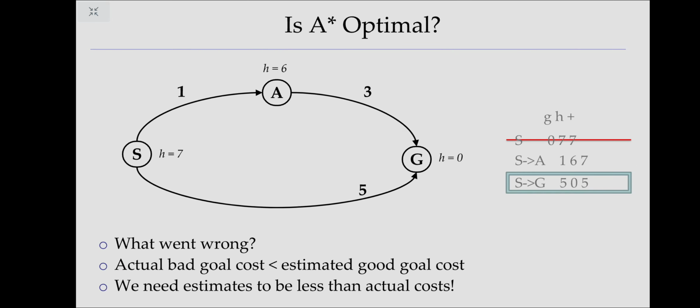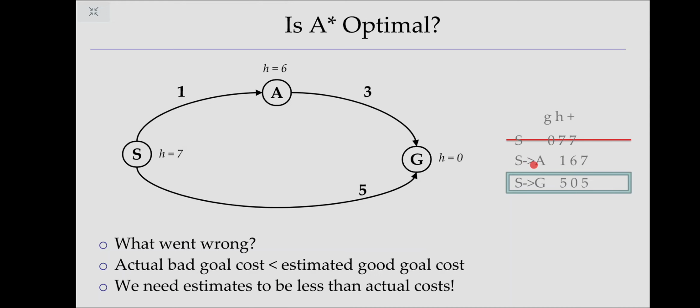But in the previous lecture, we had a bad example where we started from S, and for the neighbors A and G, we calculated the values of G, H, and F. For S, the values are 0, 7, and 7.